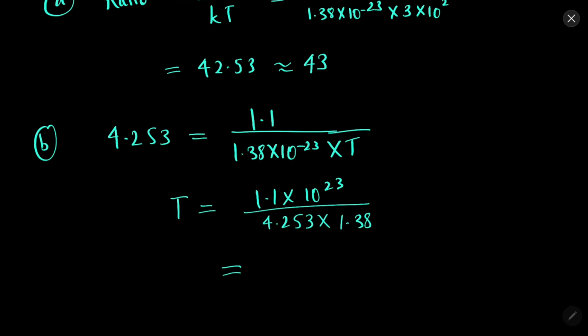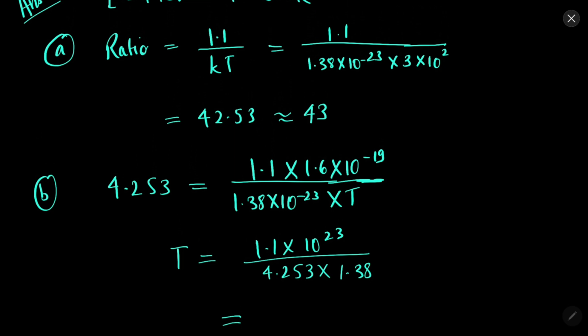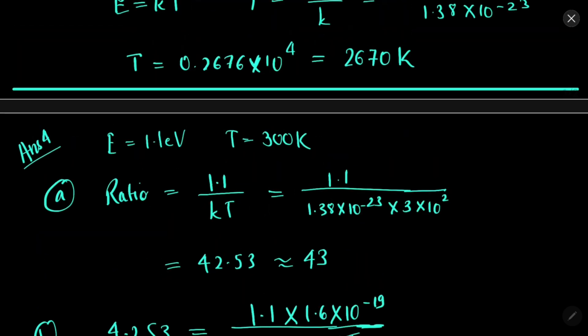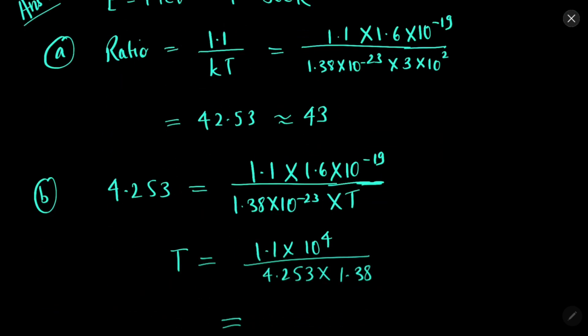We also need to convert that part into joule. So it was 1.6 into 10 to the power minus 19 also. So 4 will remain, and here also, this was in eV, so we need to convert it into joule.